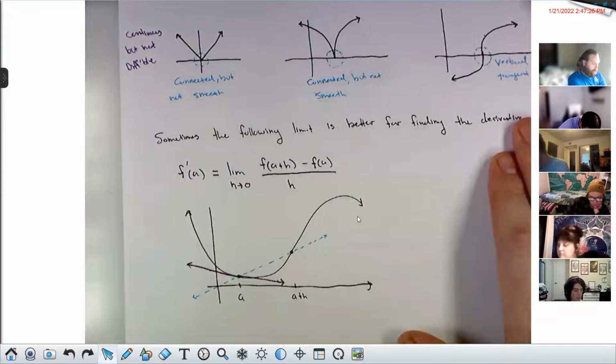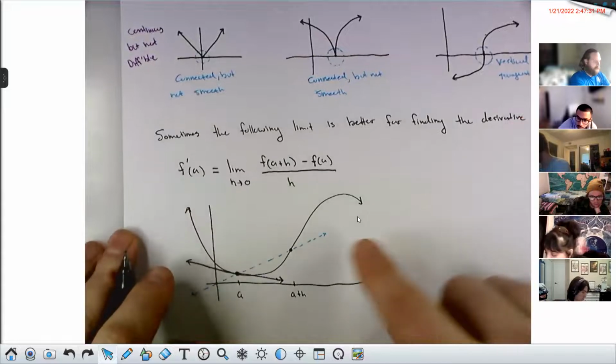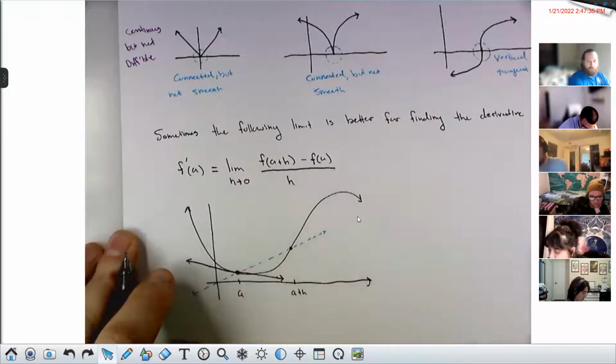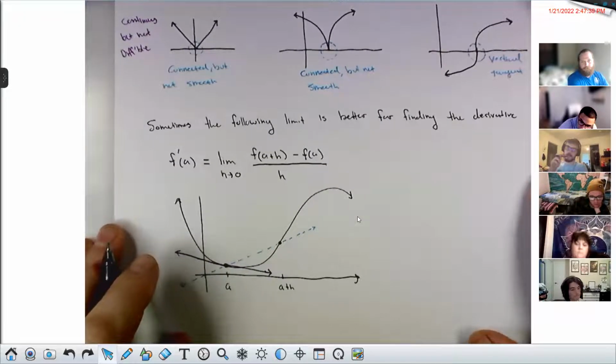So if I hold the point at A fixed, and I drag the point at A plus H over here, the blue secant line will turn into the purple tangent line, as we've seen.